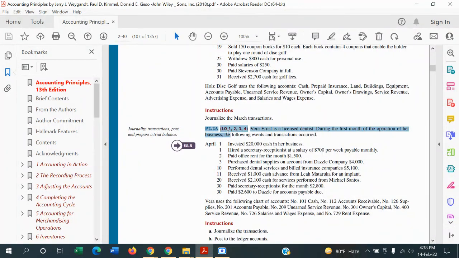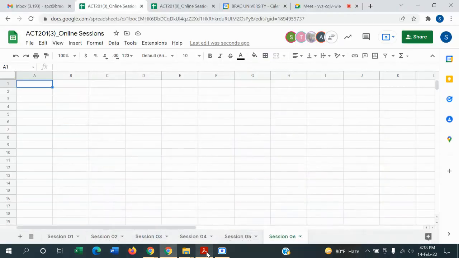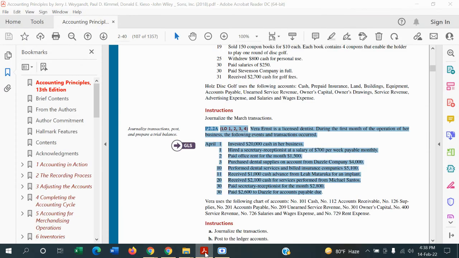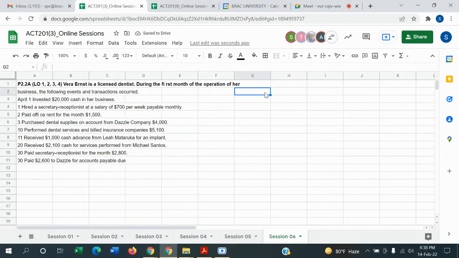Problem number P22A of your book, from page number 107, PDF page number 107. It's homework again.